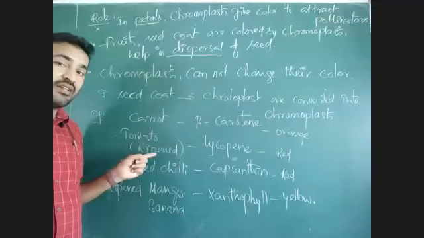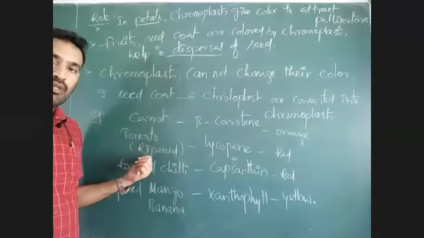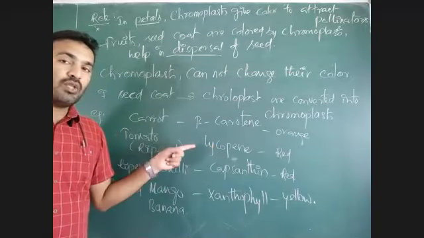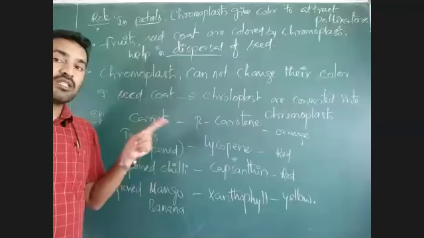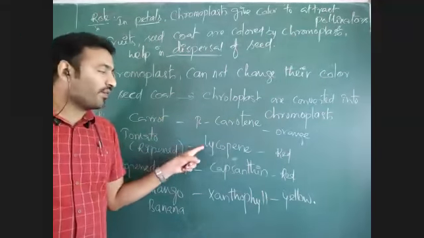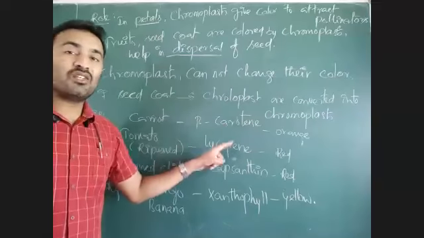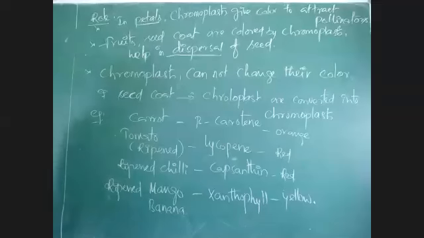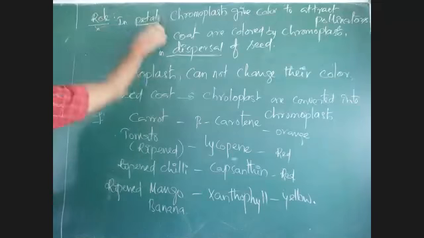But when it is converted into ripened form, it has another pigment called lycopene. So how is that lycopene formed? Chloroplast is modified into chromoplast. When chloroplast is modified into chromoplast, then that chromoplast cannot undergo change in color. Once a chromoplast is formed, it cannot undergo change in color.